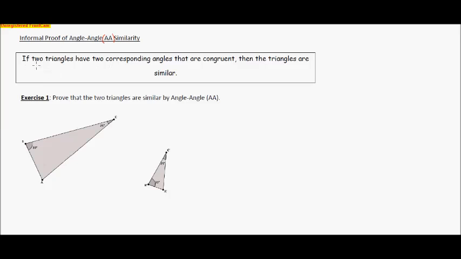This is pretty basic. If two triangles, so we have two triangles down here in exercise 1, they use this term corresponding angles. I'm just going to underline that one.